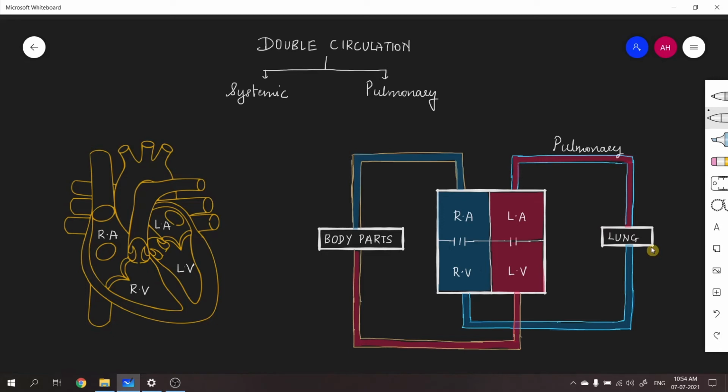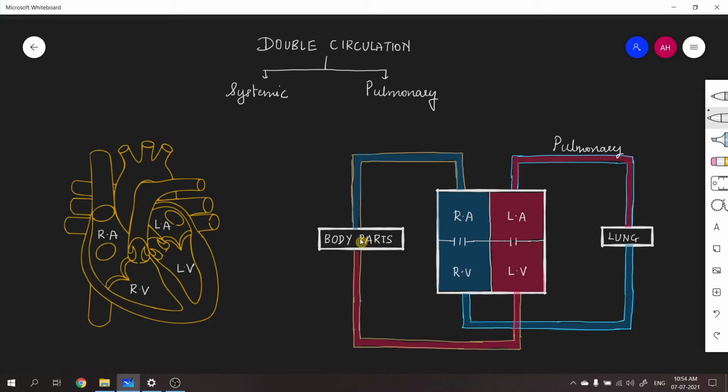All right. And the other type is the systemic circulation, which starts from the left ventricle. Now, the left ventricle already has the oxygenated blood coming from the lungs, right? So, from the left ventricle, the blood is pumped to all the body parts through the aorta, right? This is the oxygenated blood. Now, the body parts use up the oxygen, and carbon dioxide is given back to the blood.